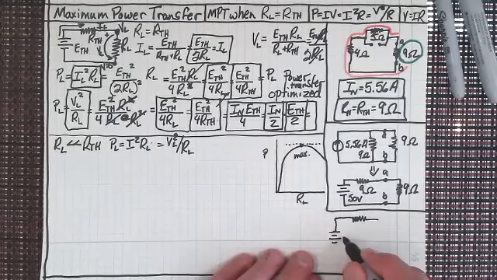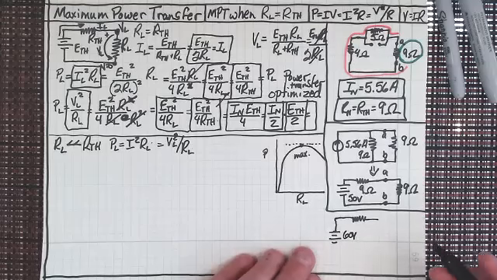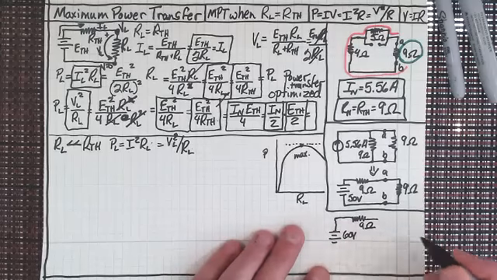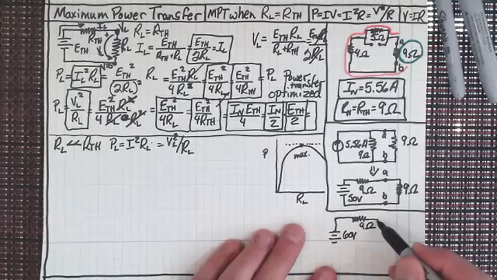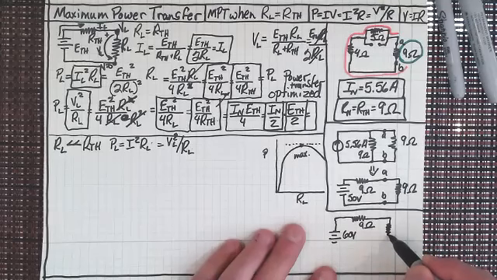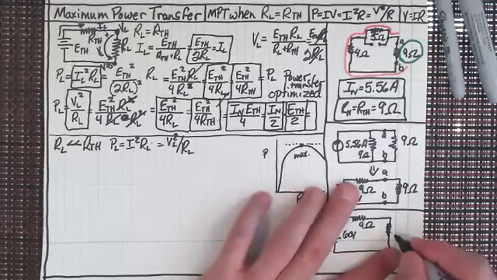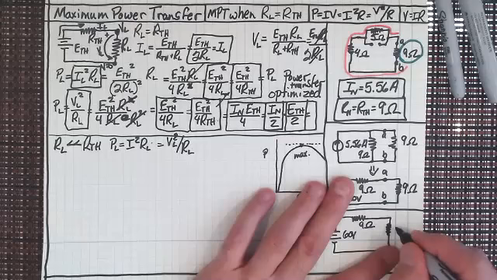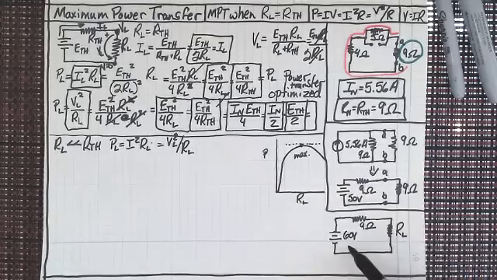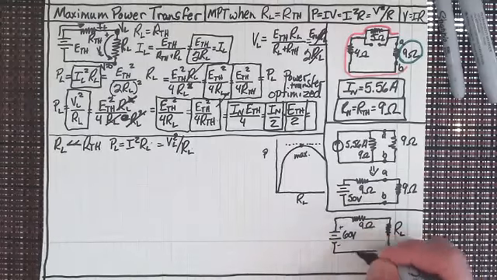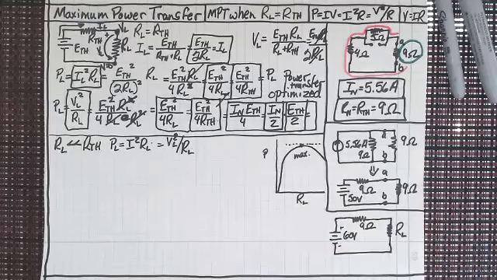This is not a different problem than you've seen before, because I've got a 9 ohm resistor going into my load resistor, and I'll call that R sub L. So I've got 60 volts going through a 9 ohm resistor, going into my load resistor. And what I want to find out is numerically what is going to be the optimum power.